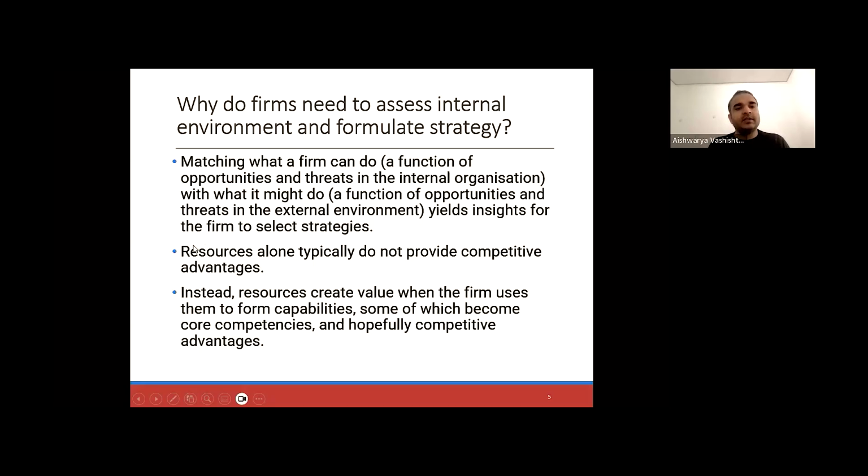And we may have resources, but resources alone will not give us competitive advantage. If we remember from the previous lectures, not every resource is a capability. Like we may have a lot of money, but just money cannot give us any competitive advantage, right? So not every resource is a capability, and not every capability is a competitive advantage.